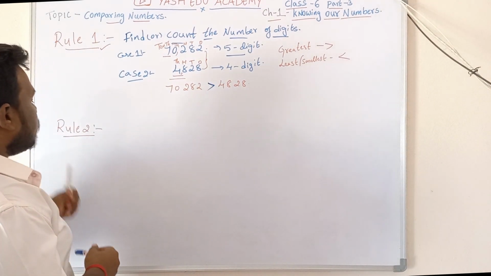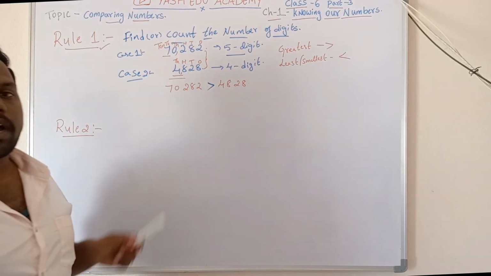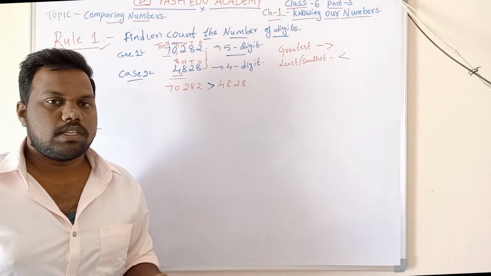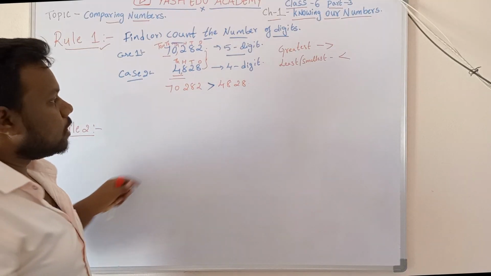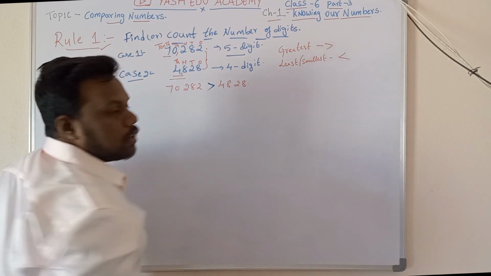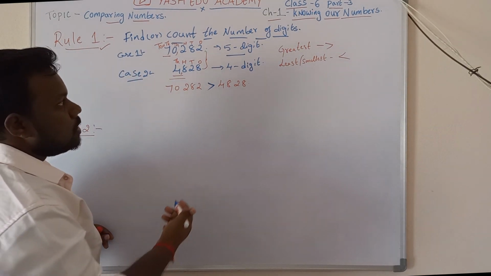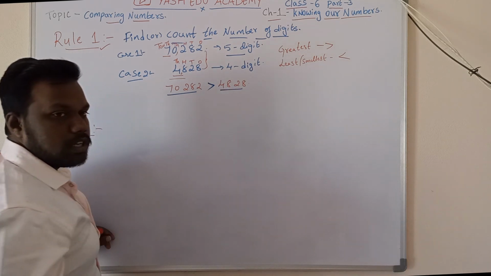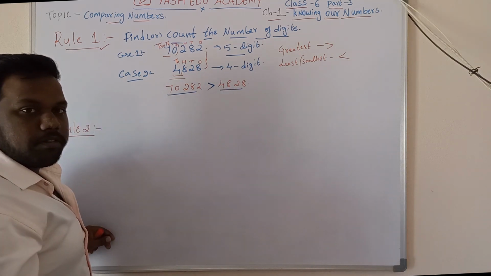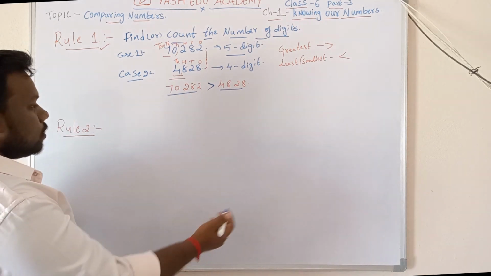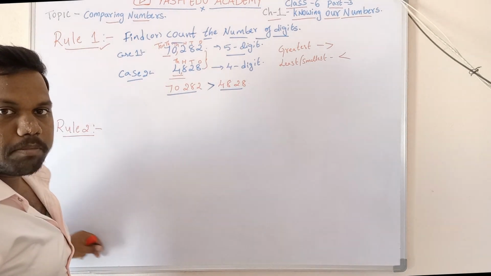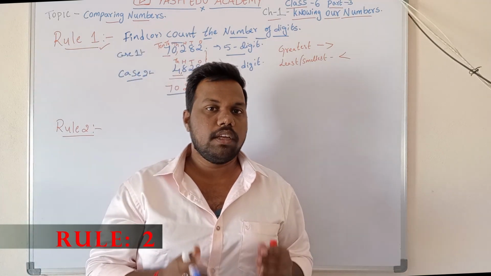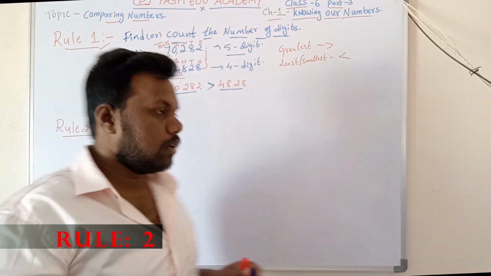Now in case 2, we should find the leftmost digit of the given numbers. Rule 1 is applied for numbers with a different number of digits. Here one has 5 digits and the other has 4 digits, so both numbers have a different number of digits. In case we have the same number of digits, we should find the leftmost digit of the given numbers.